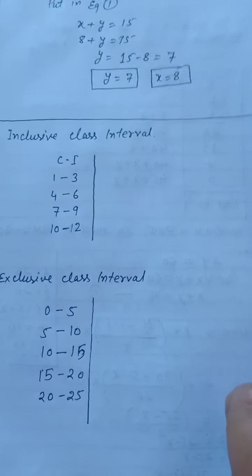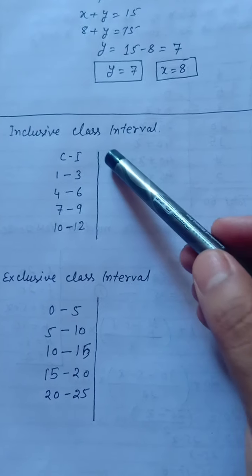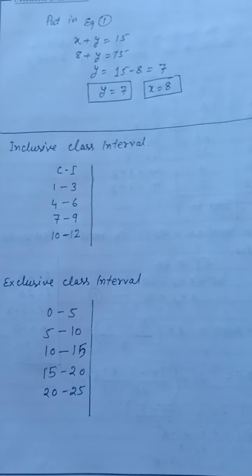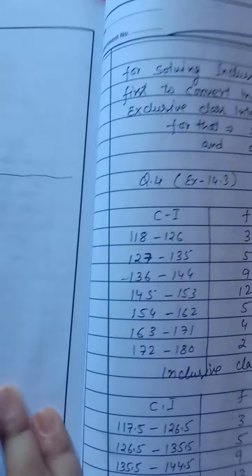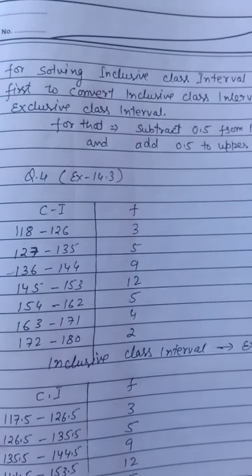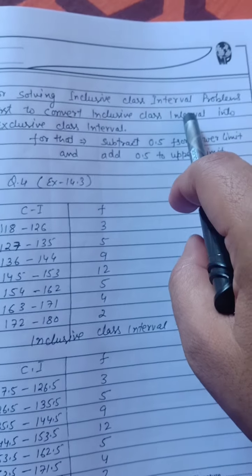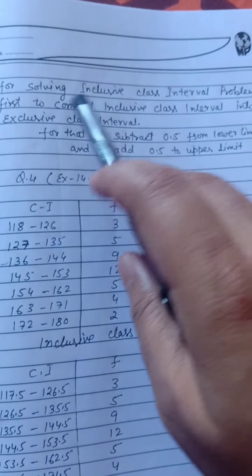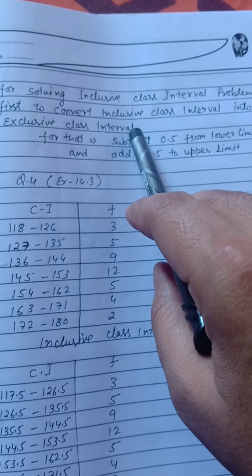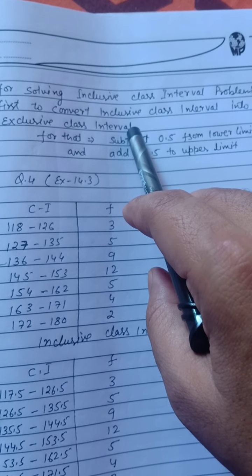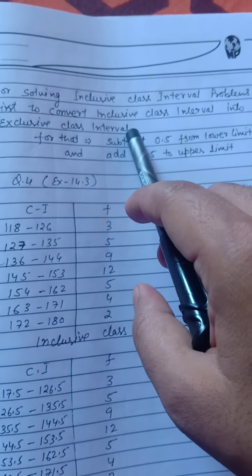So how can we solve these kinds of problems where an inclusive class interval is given? For solving this, first we have to convert the inclusive class interval into the exclusive class interval.